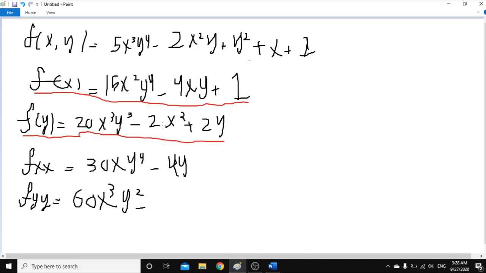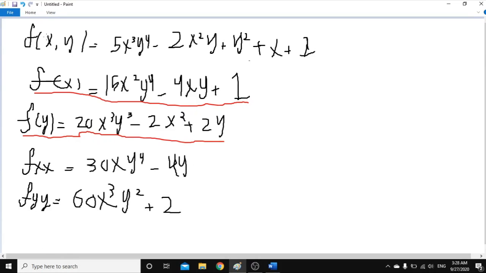Minus 2x squared is 0, so we don't have to write it because we're dealing with y, not with x. And then plus 2y, the derivative with respect to y is 1, so what's left here is 2.